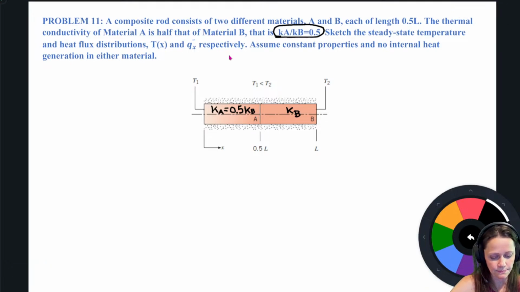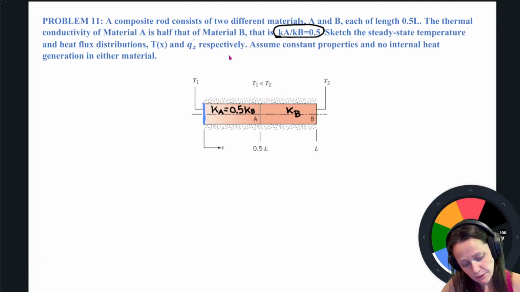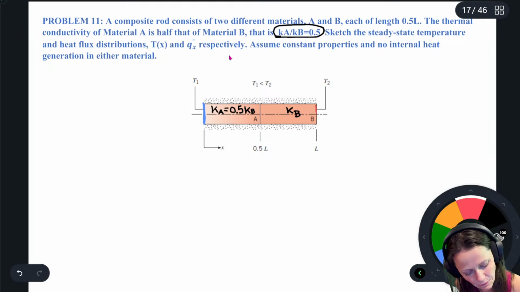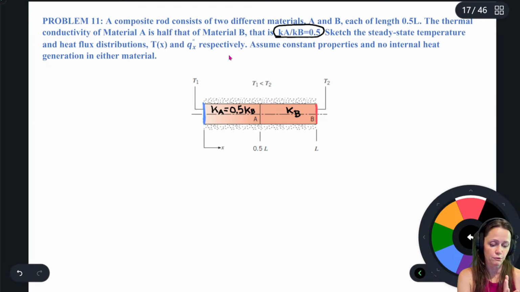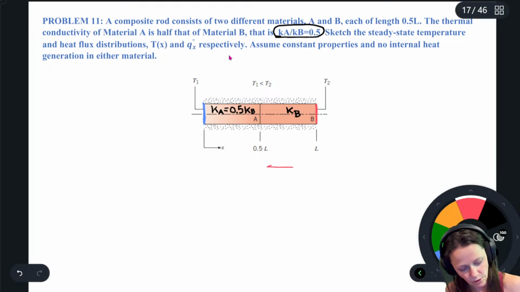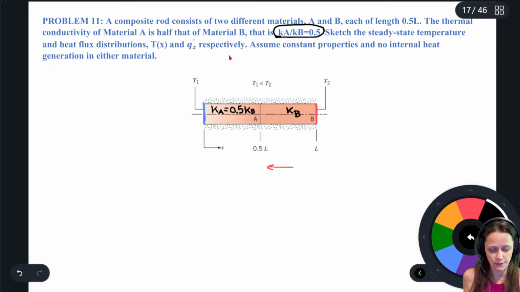Then they tell us that T1 is less than T2. So this is a little different in that on the left-hand side you've got the colder side, and on the right-hand side the hotter side. You know that heat flows from what's hotter to what's cooler, so the heat transfer is going from right to left.